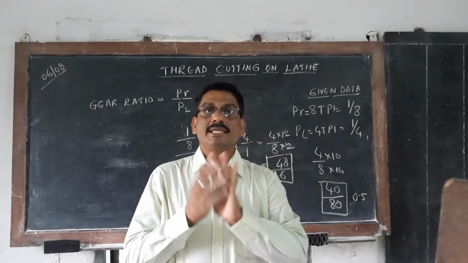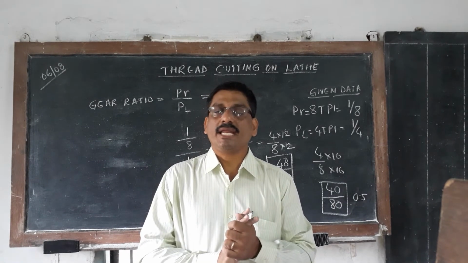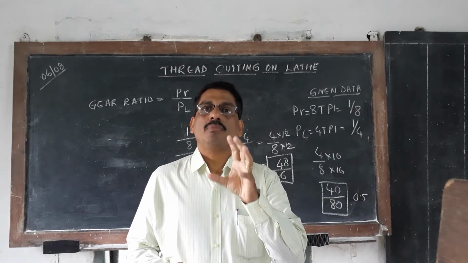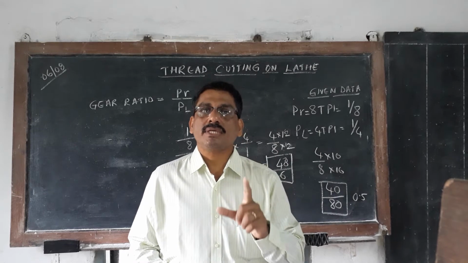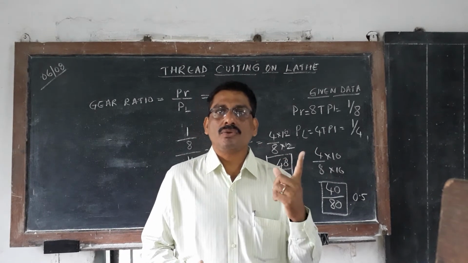So that is actually the British thread 5 by 8, 11 TPI. Now we will do the same job on our HMT lathe. Our HMT lathe lead screw is in millimeter, 6 mm pitch. So on that you have to cut 11 TPI.